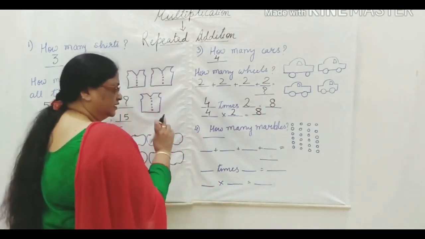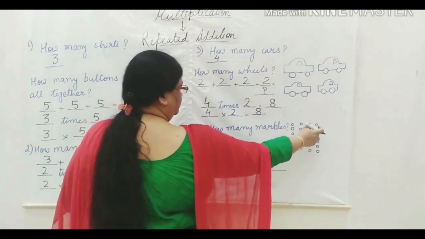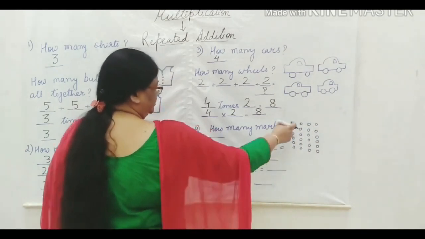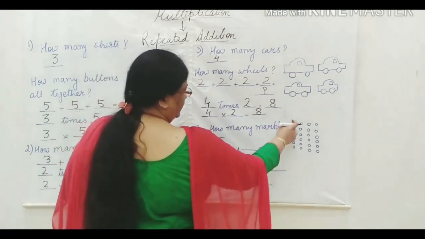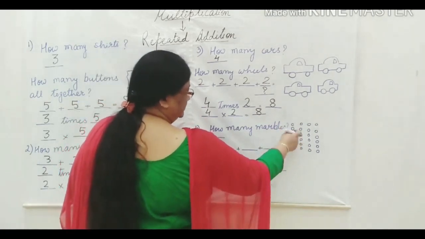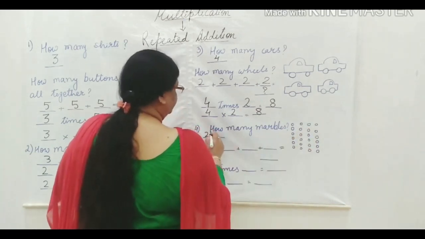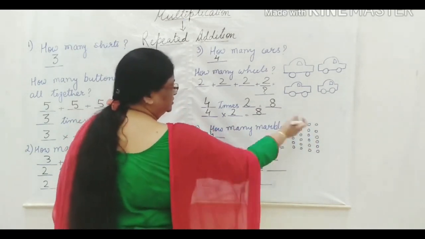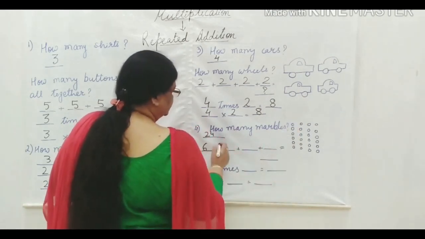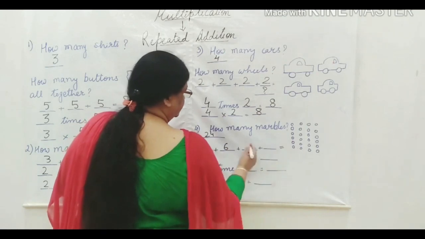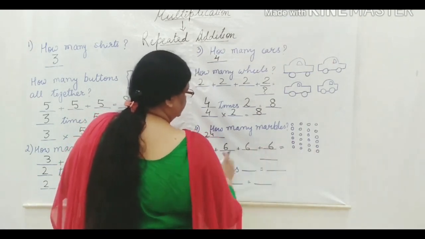Understood, children? Again, how many marbles are there? You can see the rows are there. 4 rows of marbles are there. And total marbles are how many? Okay, so let us see. 1, 2, 3, 4, 5, 6, 6 in each row. So 24 marbles we are having together. But how to count it? So let us see. 6 marbles. So 6 plus 6 plus 6 plus 6.